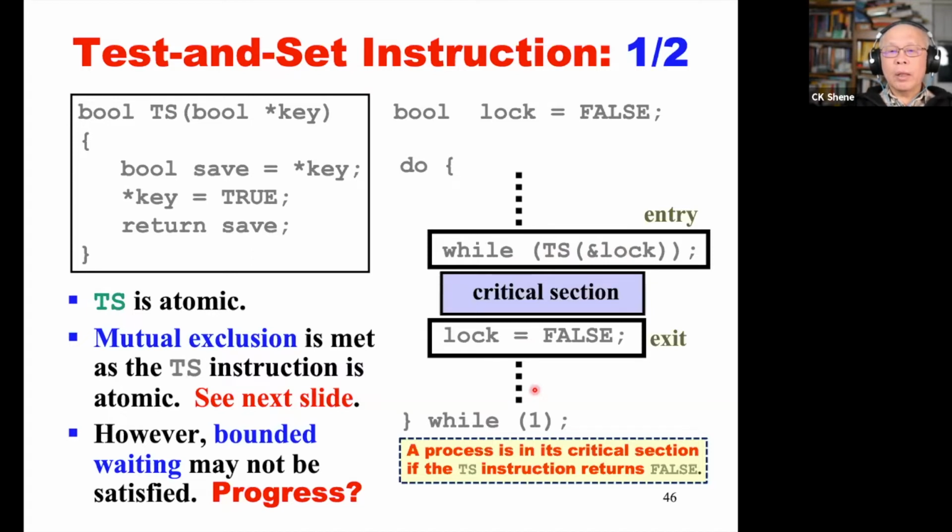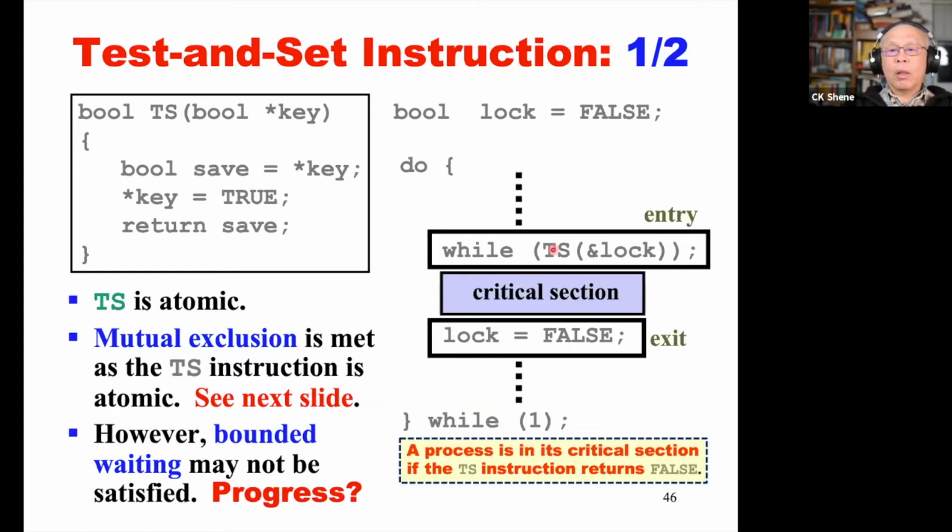So we simply loop here. Now let's say we have two processes, you and I. So if I am lucky, both of us would want to access this critical section. So if I am lucky, I execute the TS first.